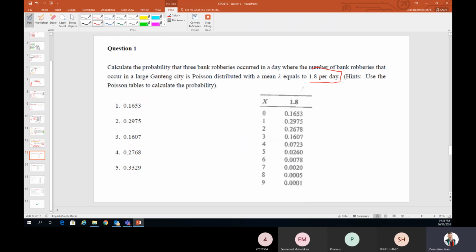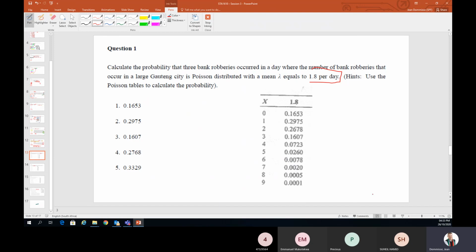That timeline can be per second, per minute, per day, per year, per month, anything like that, but it will give you a timeline. And I think that is the important one with a Poisson distribution.